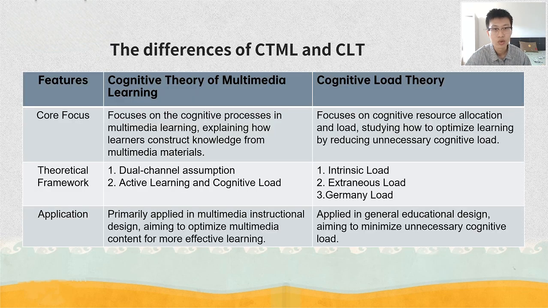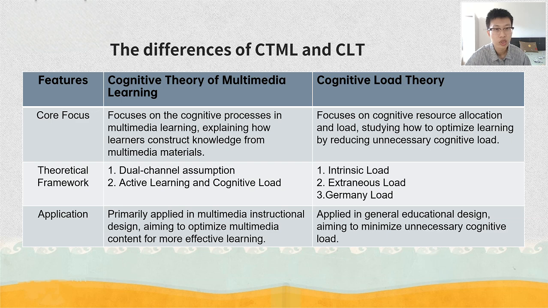And what's more important is the differences between CTML and CLT. The first is core focus. The cognitive theory of multimedia learning focuses on the cognitive processes in multimedia learning, explaining how learners construct knowledge from multimedia materials.